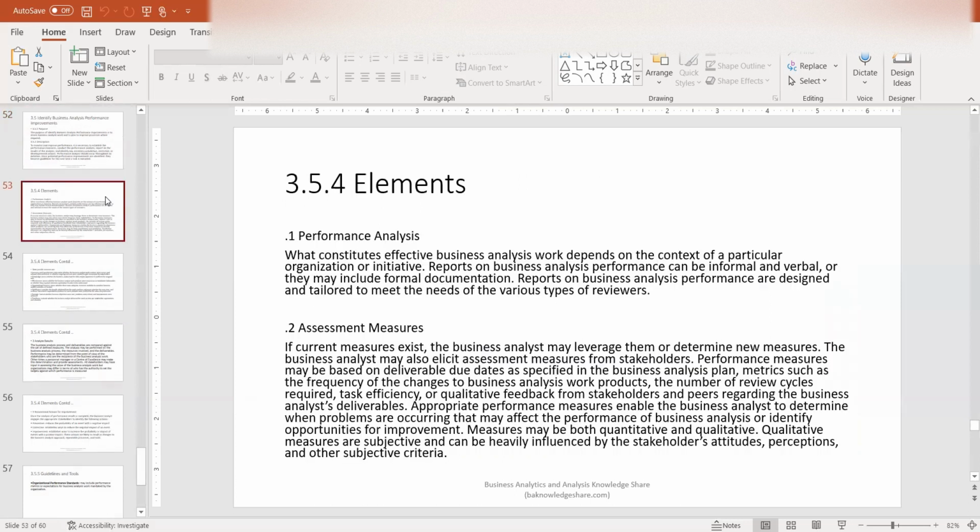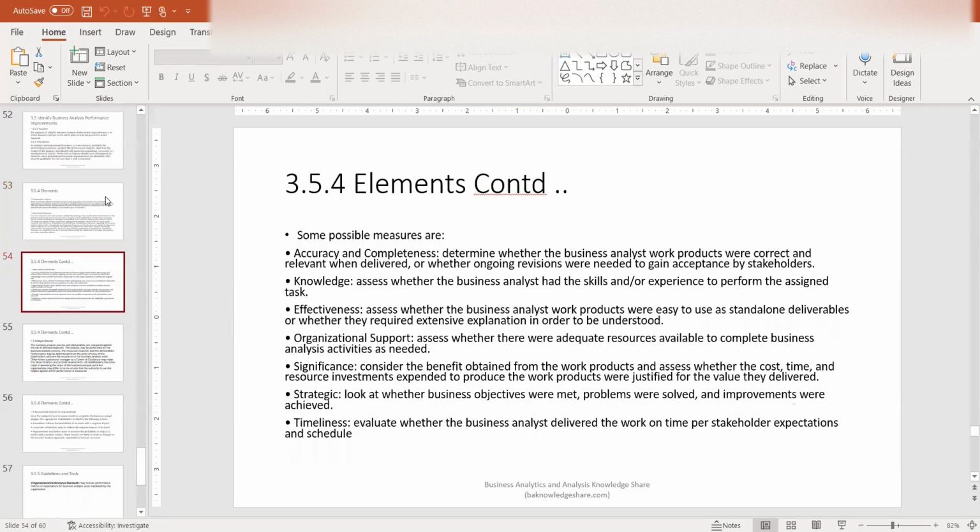In order to review her work, some of the elements used are performance analysis and some assessment measures as well. Some possible measures are accuracy and completeness, whether she was able to accurately complete the effort or complete the documentation, and the knowledge that she has assessed or gained.